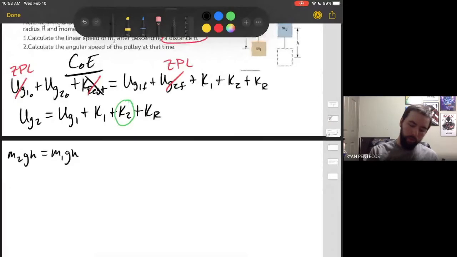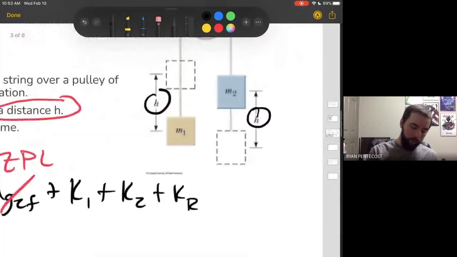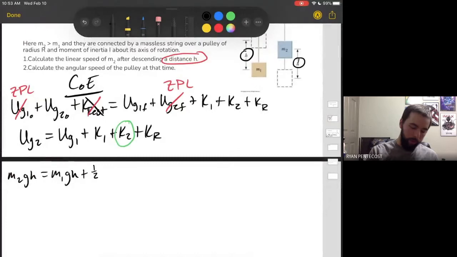You can see that they're both going to move the same distance h. So we can keep that consistent. And here we have 1/2 M1 V1 squared plus 1/2 M2 V2 squared plus 1/2 I omega squared.